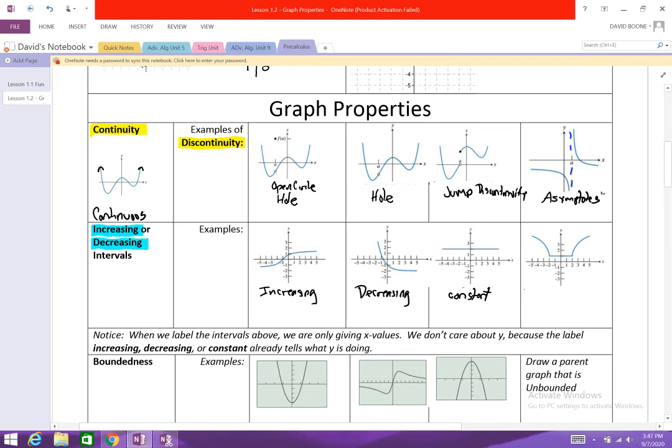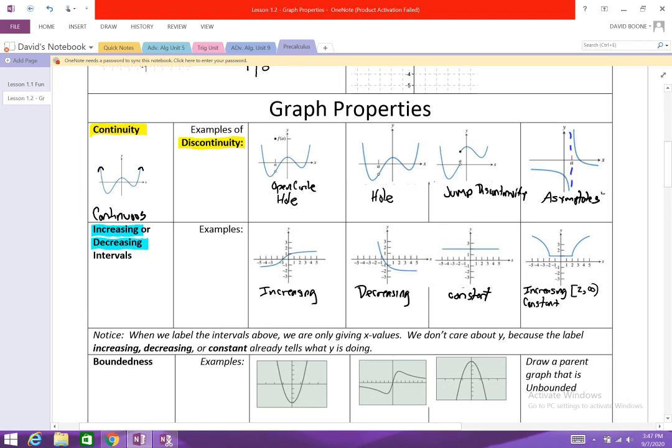It is increasing right here from 2 to infinity. I put a close bracket there because it does touch there. It is constant on this middle part here.